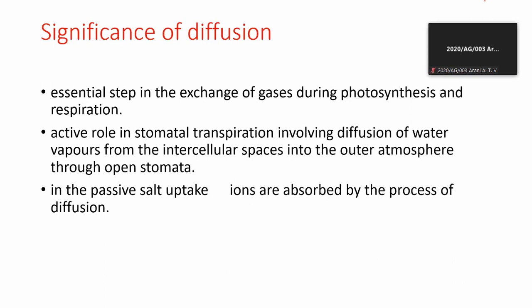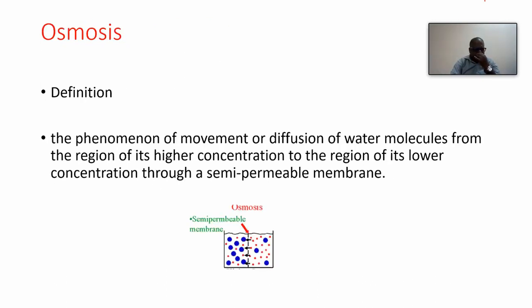CO2 and oxygen, both are the same. Even some water molecules move here and there during vaporization and diffusion. Stomatal transpiration also takes place through diffusion. And passive salt uptake: ions are absorbed by the process of diffusion. These are significant. Now I am going to teach osmosis.